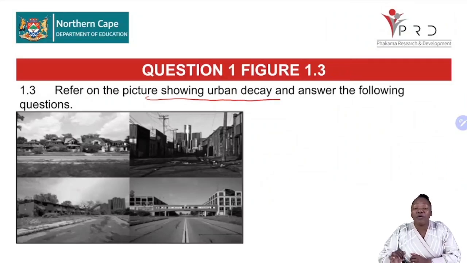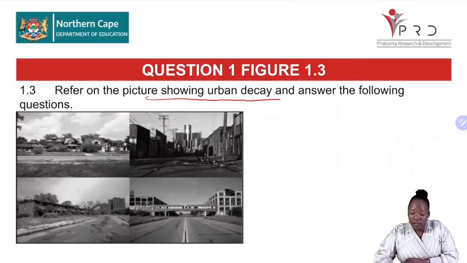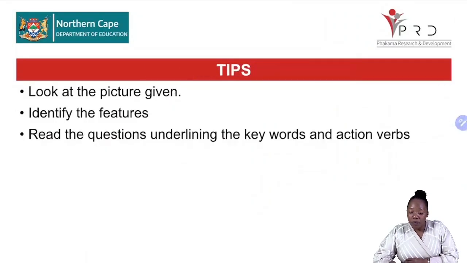Then you go through the picture. What are the things that you see that are the evidence that this picture is showing the urban decay? And then you go through the questions again so that you can see what they have asked. After you have gone through the questions again, you go back to the picture so that you will be able to pinpoint those answers.